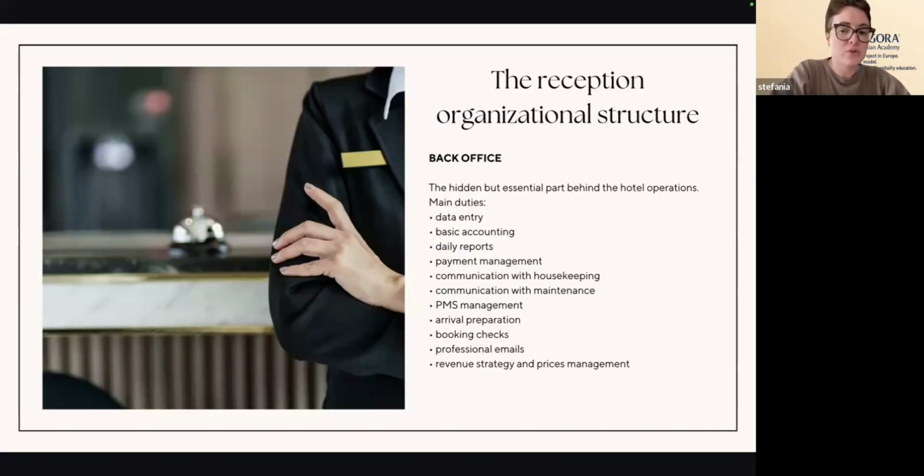Arrival preparation, so the reports list and the special needs list for the arrival, if they have to put a baby cot in the room, flowers in the room, etc.